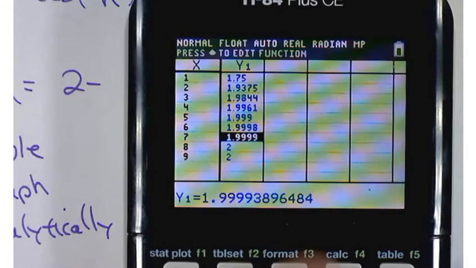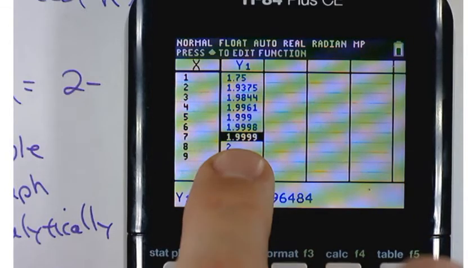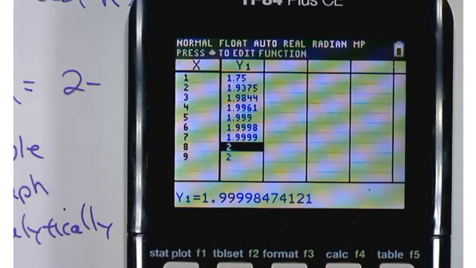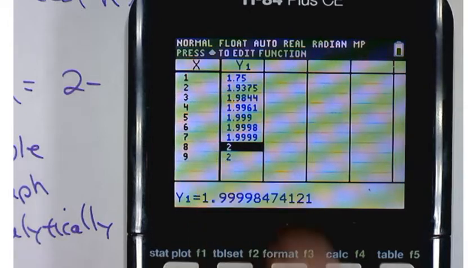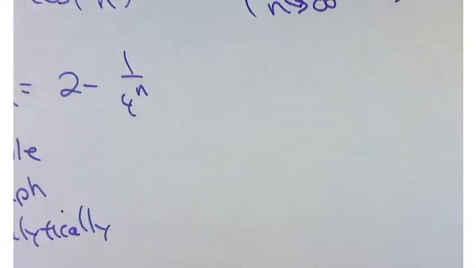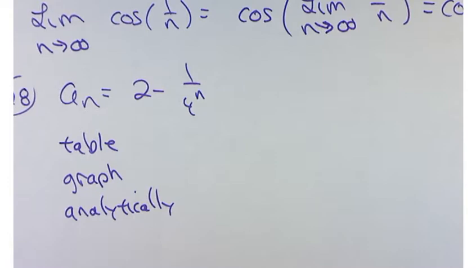In fact, down here at 8 and 9, you're so close to 2 that it just literally rounds to exactly 2. Even though we're not at exactly 2, that's where it rounds. So from our table, we see that we get 2.